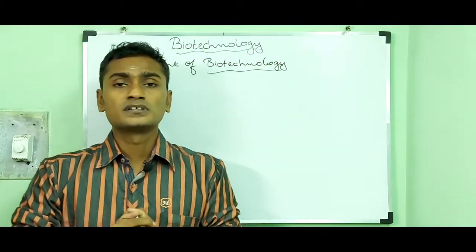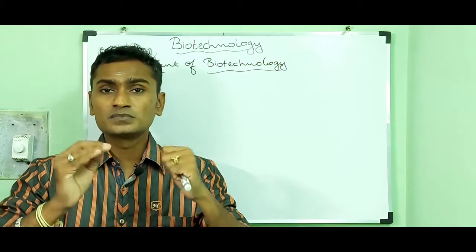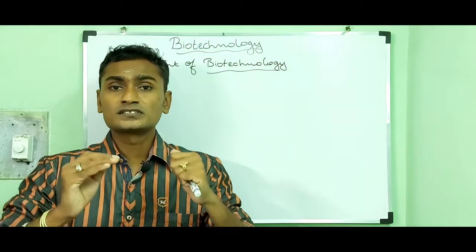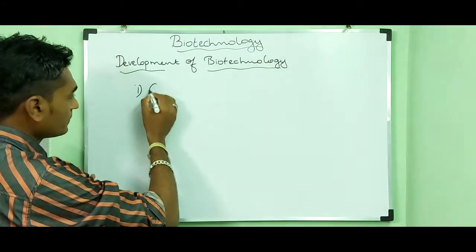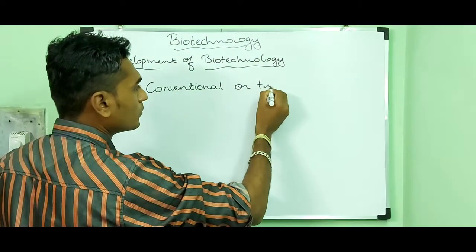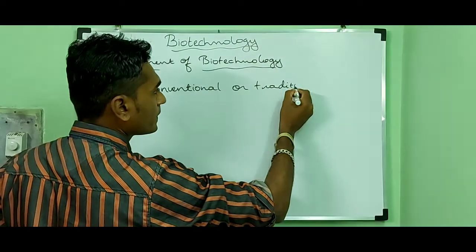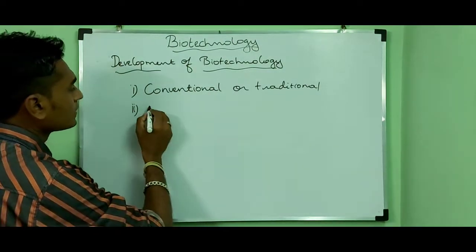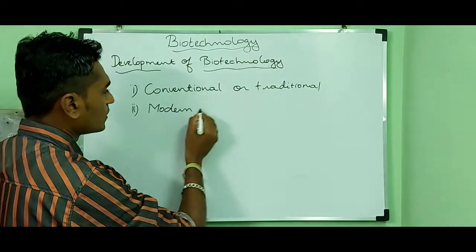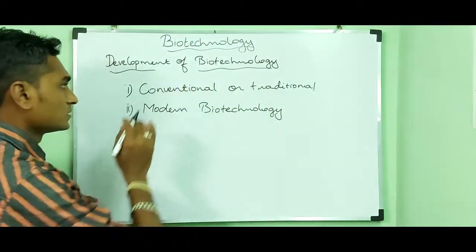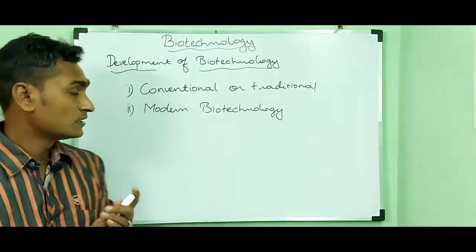The development of biotechnology can be understood under two main heads, namely conventional or traditional biotechnology, and the second heading is modern biotechnology.